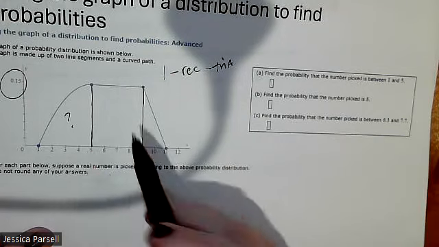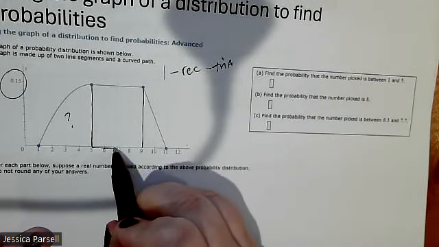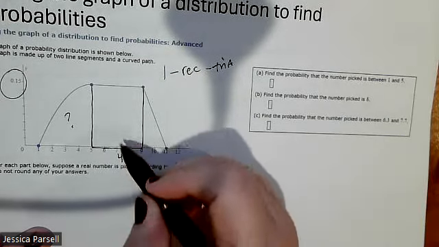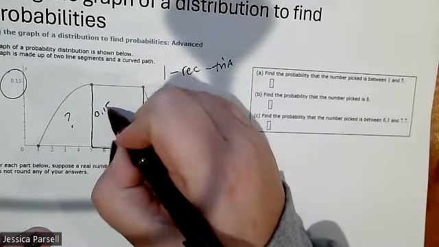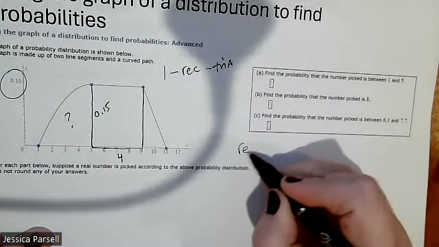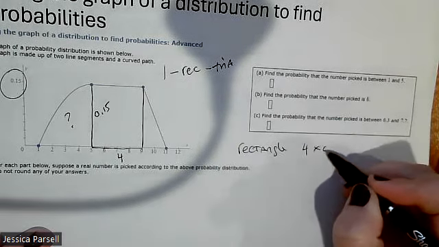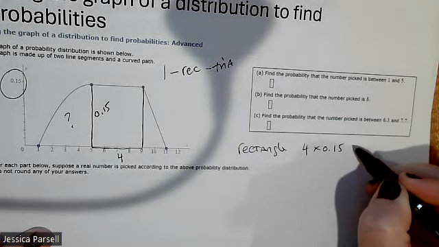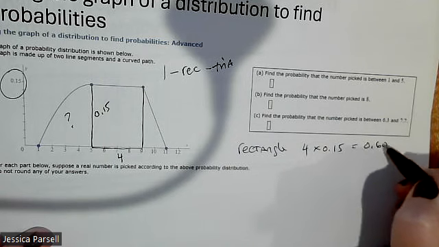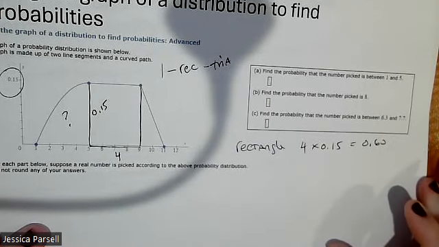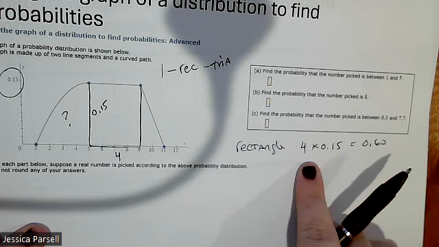Okay, so let's figure out the rectangle. The width hopefully was 1, 2, 3, 4. The height is 0.15. So for the rectangle, hopefully you got 4 times 0.15. And hopefully you got 0.60. Or 15 cents times 4.